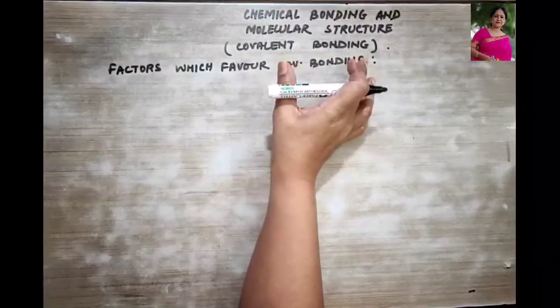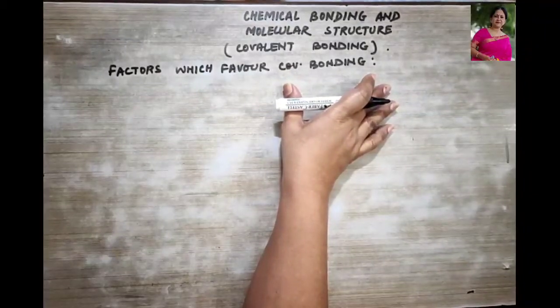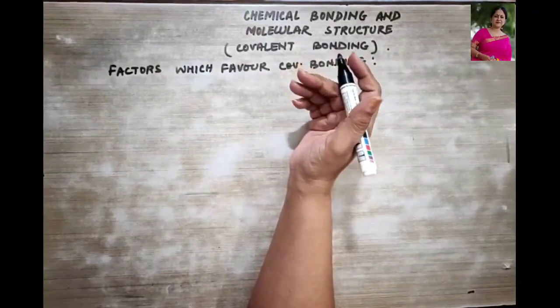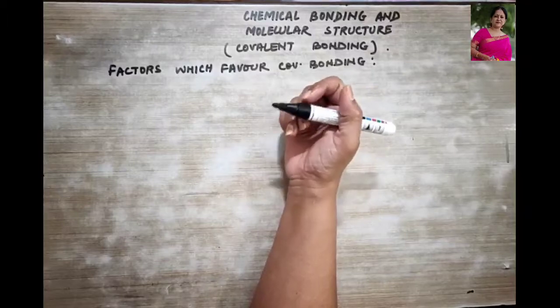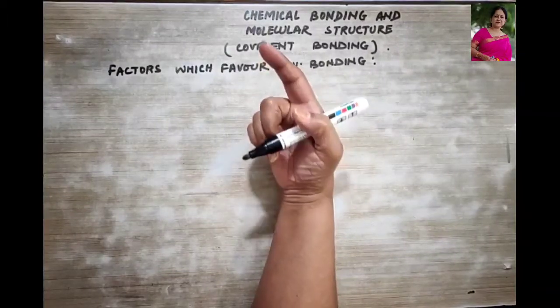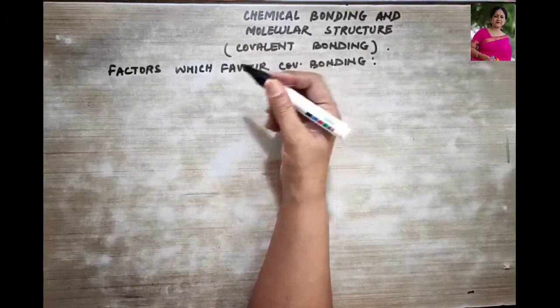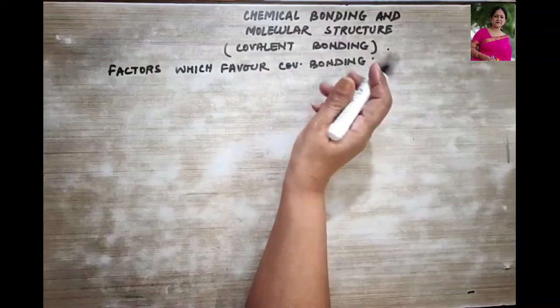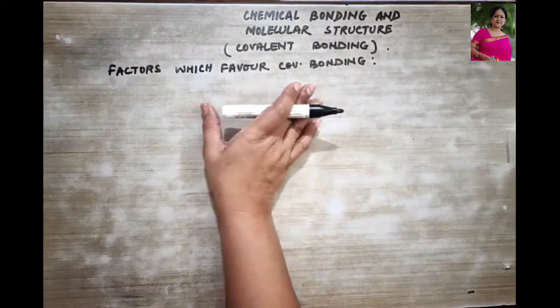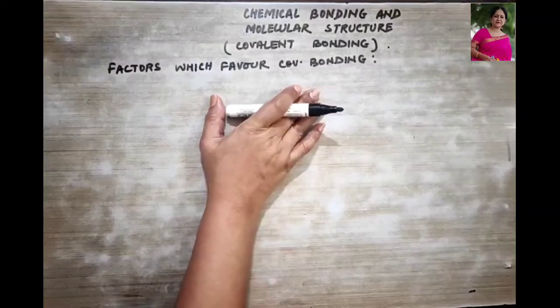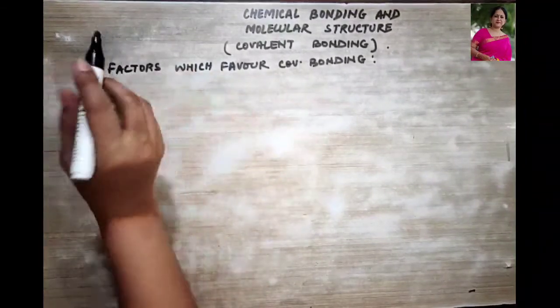We were doing chemical bonding and molecular structure, and in the previous two videos we had discussed the electronic theory. We have already finished with ionic bonding and we were doing covalent bonding. So today we are going to discuss some of the factors which favor covalent bonding, right?